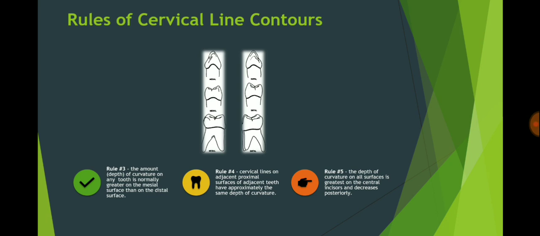Rule number five, the depth of curvature of the CEJ of all surfaces is greatest on the central incisors and decreases posteriorly. So the curvature of the CEJ decreases as you progress from the anterior to posterior.